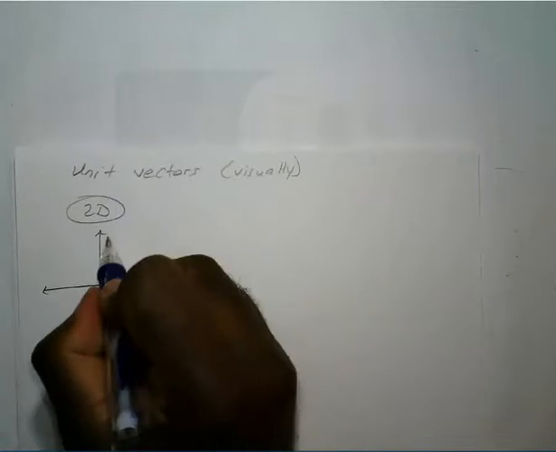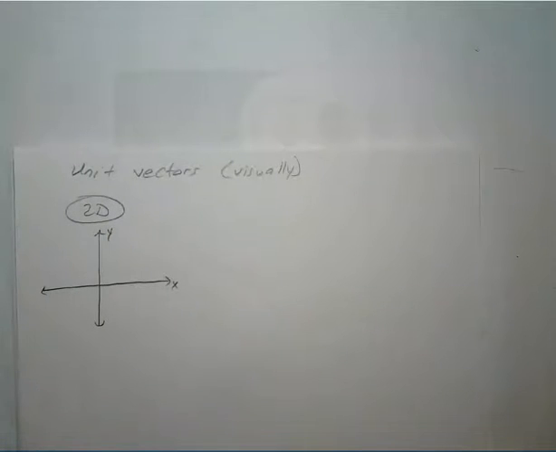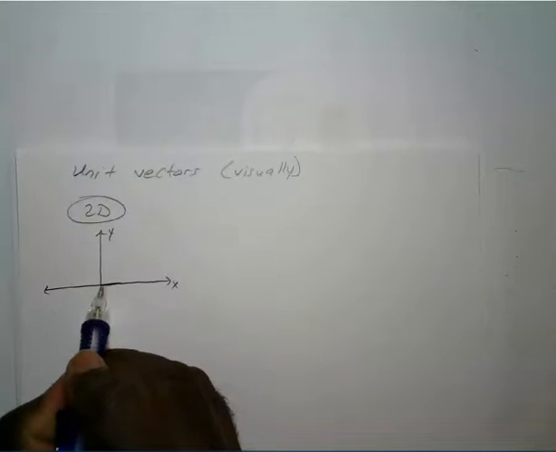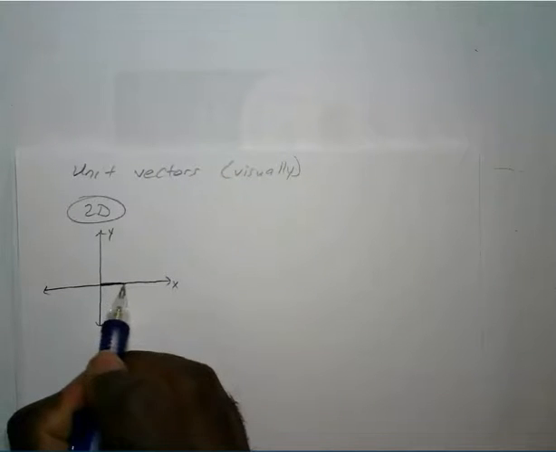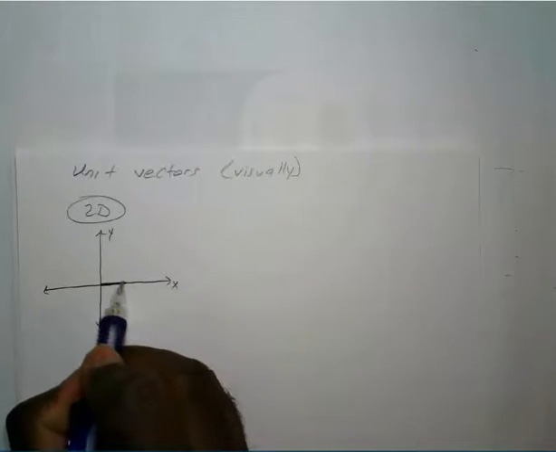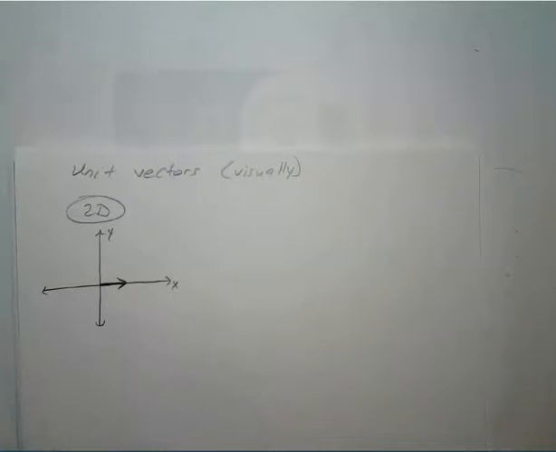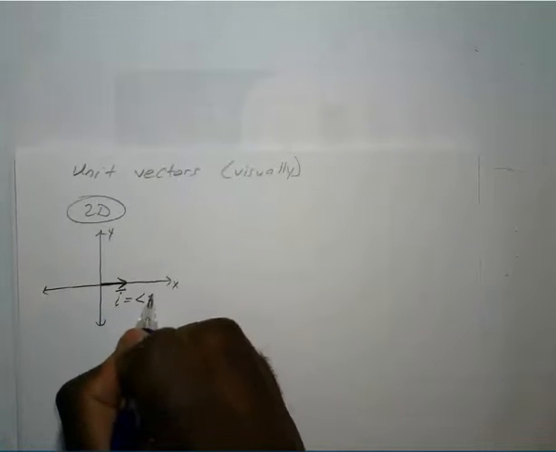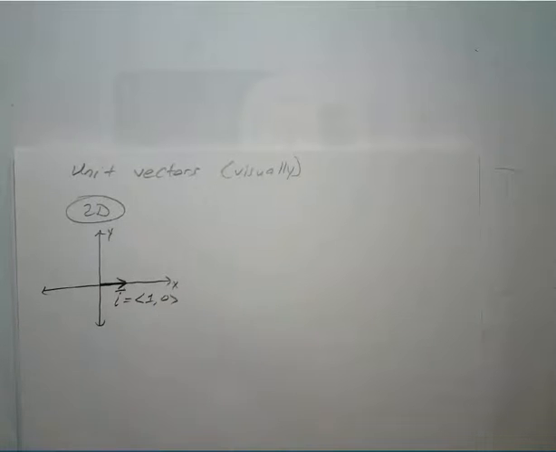We have our X, and we have our Y. Okay, so if we get our horizontal vector, that's our I vector, which is equal to 1, 0.